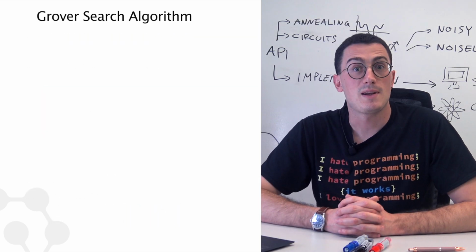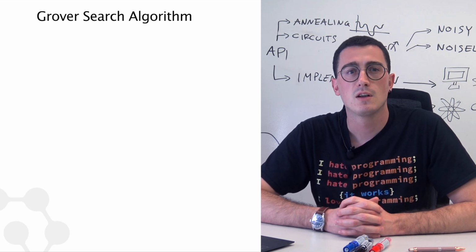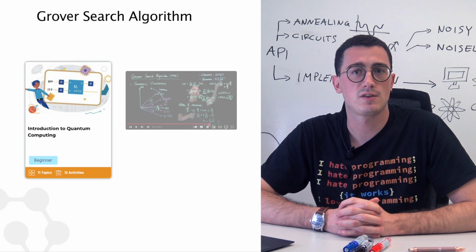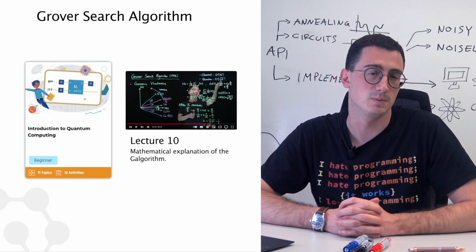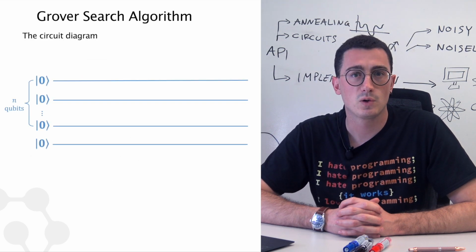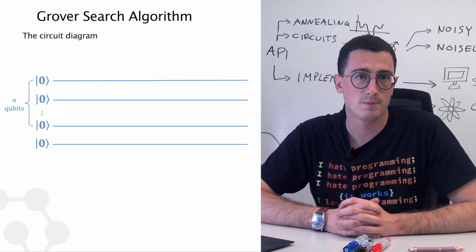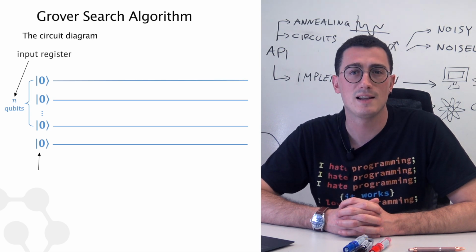Let me now go over the main steps of the Grover algorithm with the help of a circuit diagram. For more mathematical details, I suggest you watch the dedicated lecture you can find in the course Introduction to Quantum Computing. So, we consider a quantum circuit composed of n plus 1 qubits. The first n qubits compose the input register, while the last qubit is the ancilla.